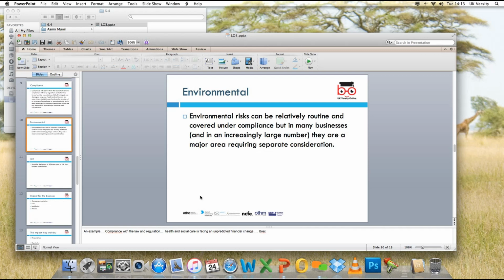Could environmental factors pose a risk? Well, they could if it was financial, because even though it's linking in financial, again, it's like Brexit, for example. Is it putting cuts on local authorities, on the council? How does the environment impact a risk on your business?